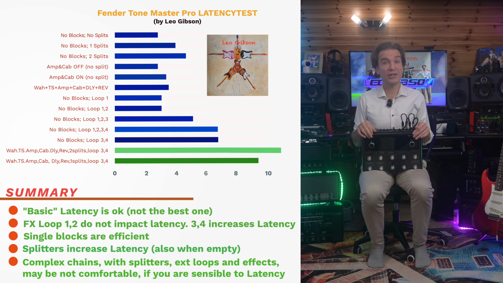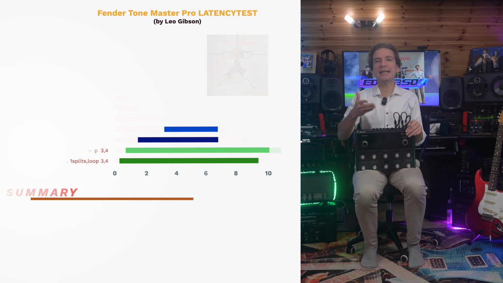More complex signal chains with 2 splitters and the effect loop 3 and 4 activated may impact your overall playing comfort if you are particularly sensitive to latency, and especially if the external effects you are using in the loops are going to add latency time, for instance because they have an AD/DA conversion.